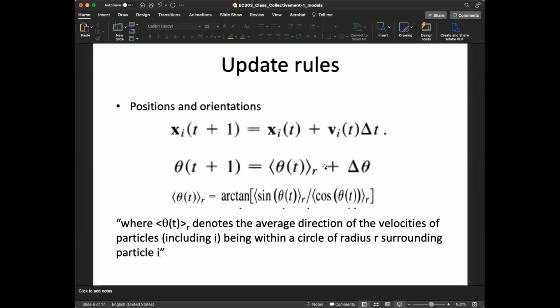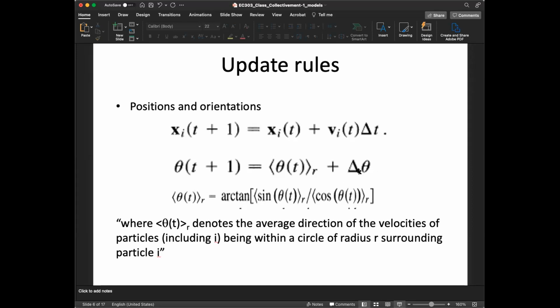You basically take the average of the orientations of your neighbors within a radius R of the particle i, and then you move in that direction, except that there's a delta theta here.